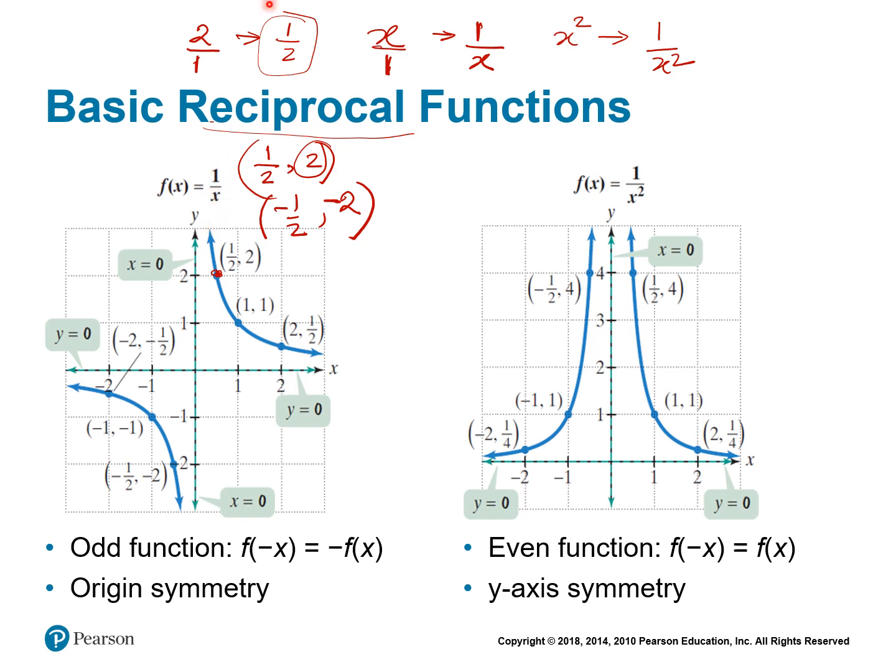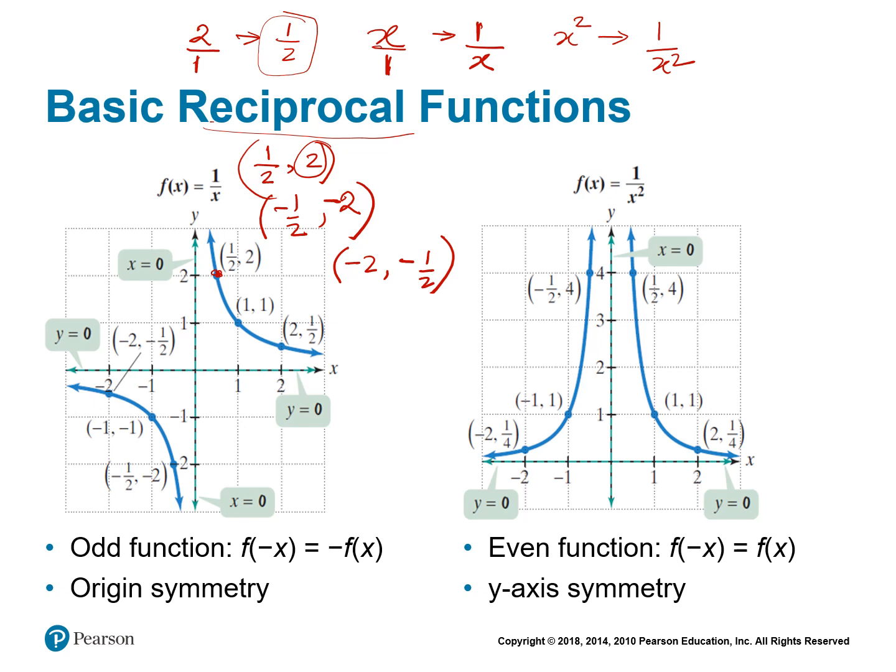Remember, in reciprocal functions, the numerator and the denominator flip. What was in the numerator goes to the denominator in the reciprocal function. What was in the denominator of the original function goes to the numerator. So what's going to happen is, instead of having negative half comma negative 2, we are going to end up with negative 2 comma negative half. It's going to flip.